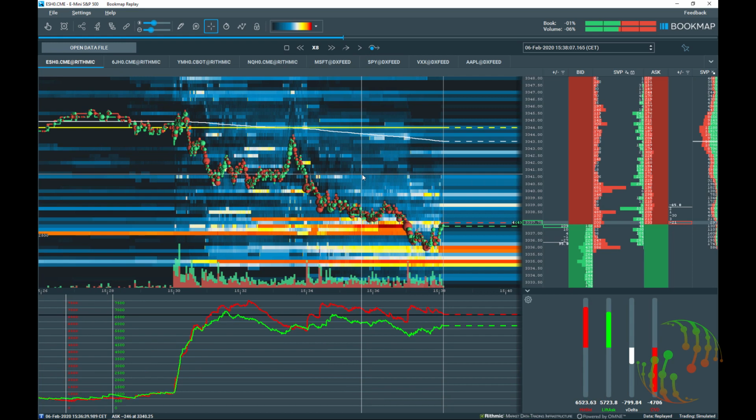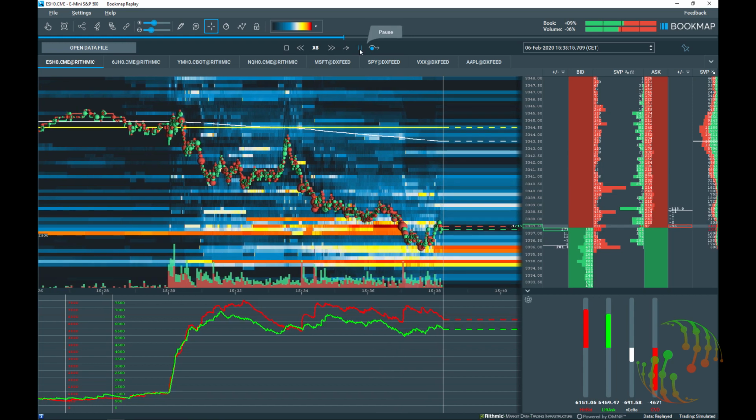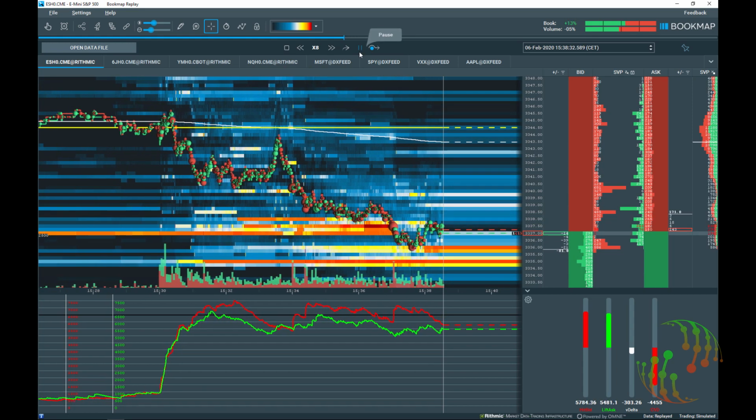Now what becomes interesting is what I meant with the bid-ask imbalance. It means they are hitting the bids so hard. There's a little bit of trading on the ask side, but they are hitting the bid so hard that this imbalance is likely to come to a break. So be aware when that happens.